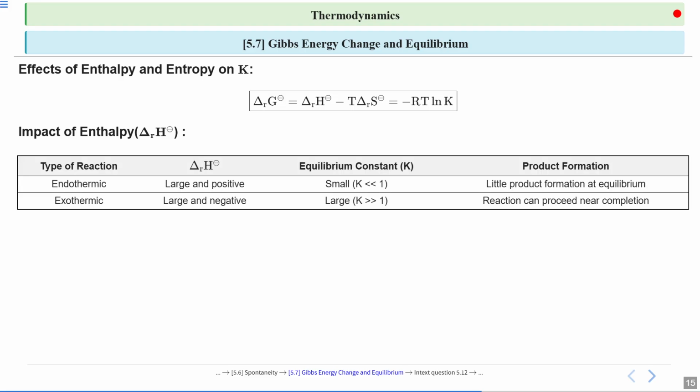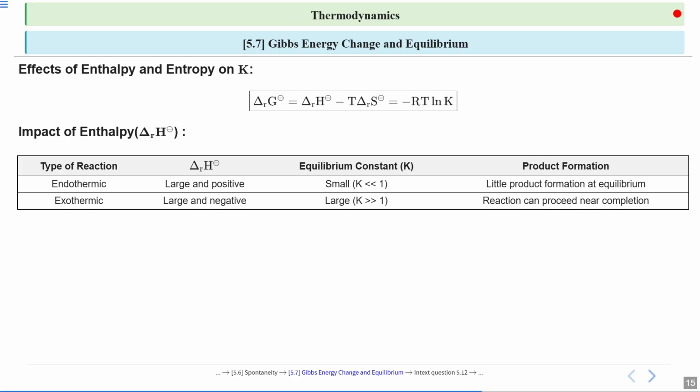Now, if your reaction is endothermic, which is large and positive, then your K value will be less than 1. You can see it from here. If you have a greater value of delta H, then you will get minus RT ln K equal to positive. That means RT ln K is negative, or K is less than 1.